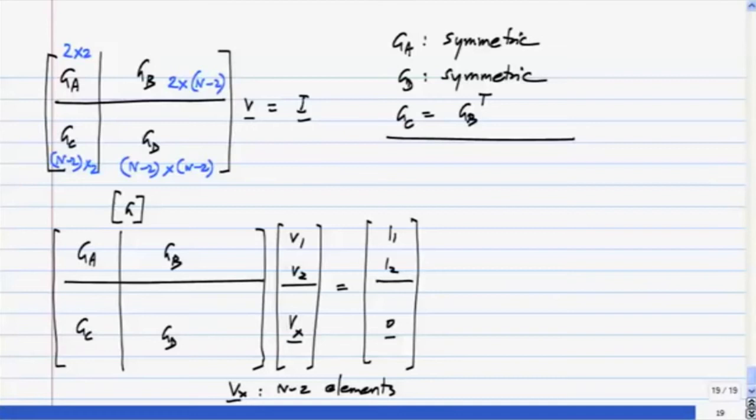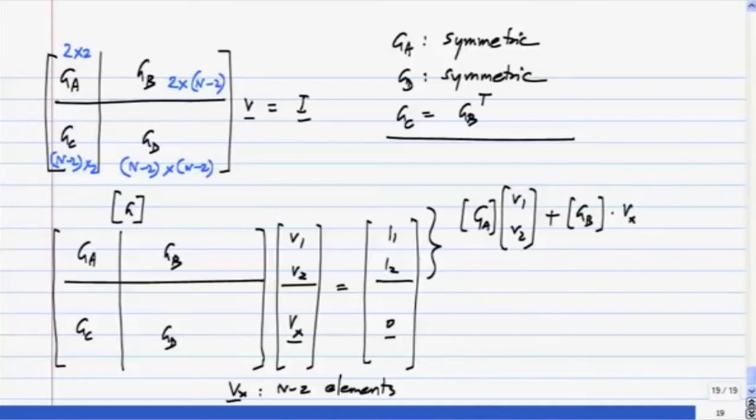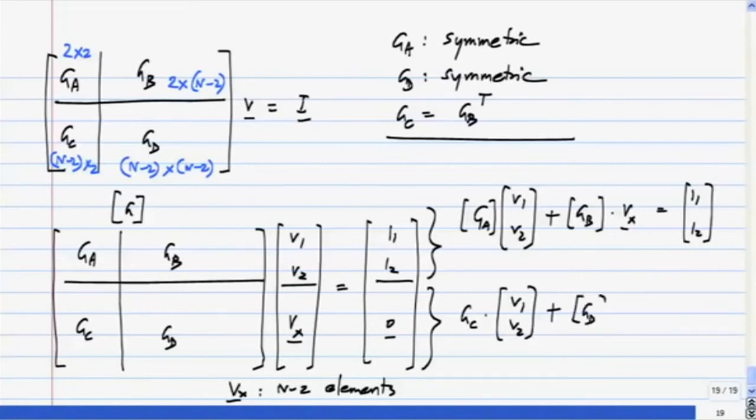Now I will write this as two separate equations. The first part, corresponding to these two rows, is GA times V1 V2 plus GB times Vx equals I1 I2, and for this part I have GC times V1 V2 plus GD times Vx equals a vector of all zeros.